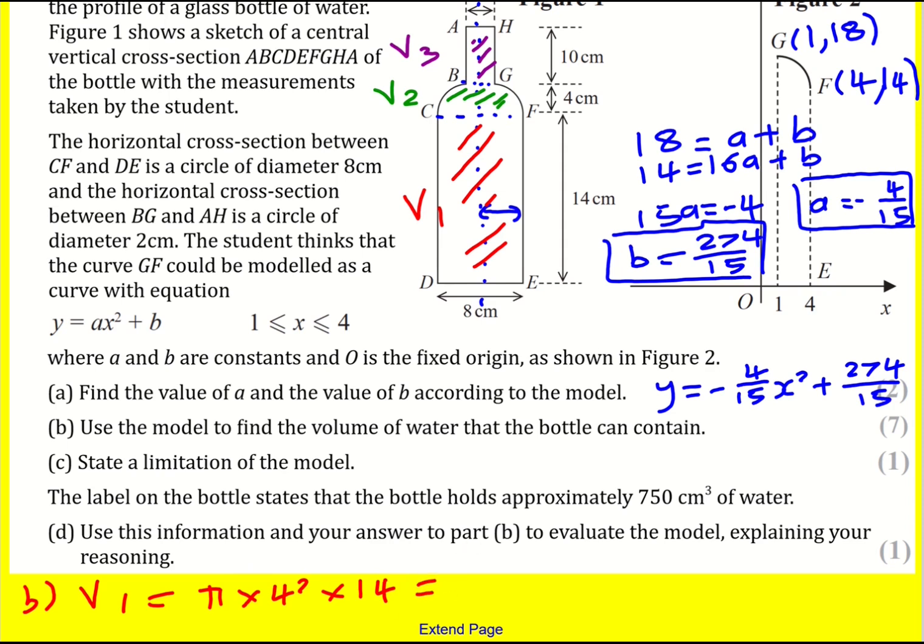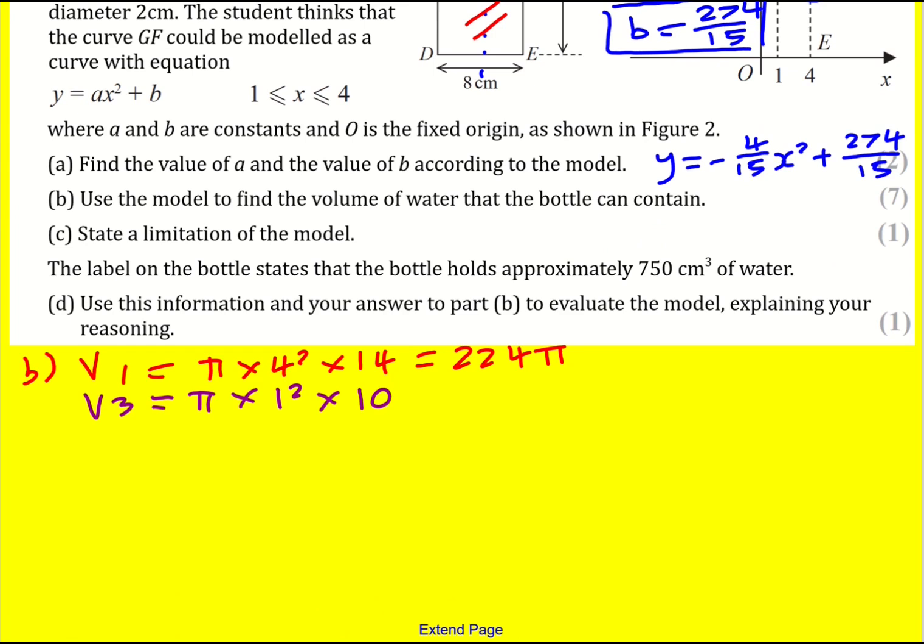And that ends up being 224 pi. Next, I'm actually going to deal with volume 3. That's going to be pi times 1 squared times the height 10. Gives me 10 pi.